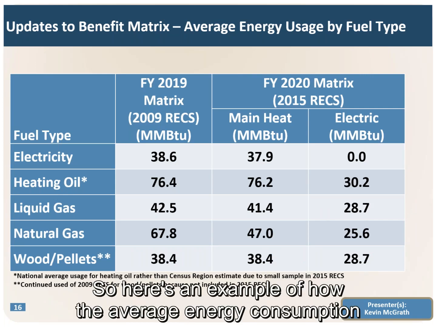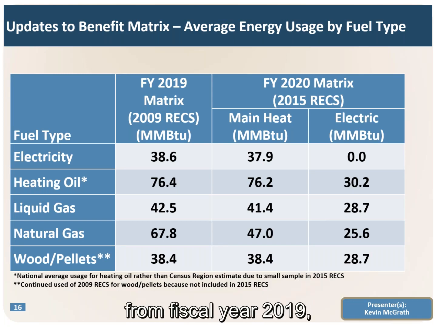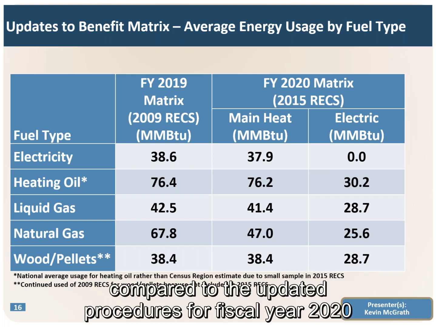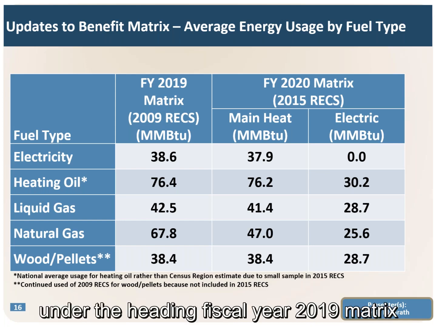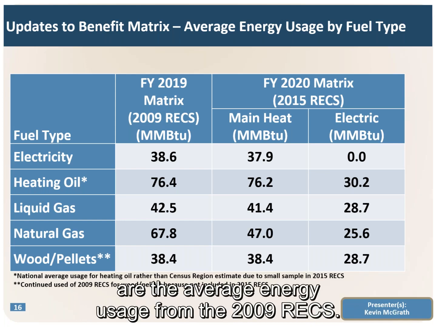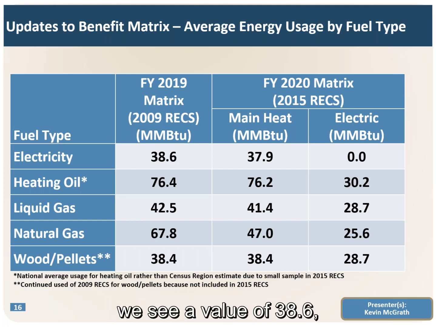So here's an example of how the average energy consumption estimates varied under Oregon's prior matrix from fiscal year 2019 compared to the updated procedures for fiscal year 2020. On the left-hand side, under the heading fiscal year 2019 matrix, are the average energy usage from the 2009 RECS. If we look at the row labeled electricity, we see a value of 38.6.